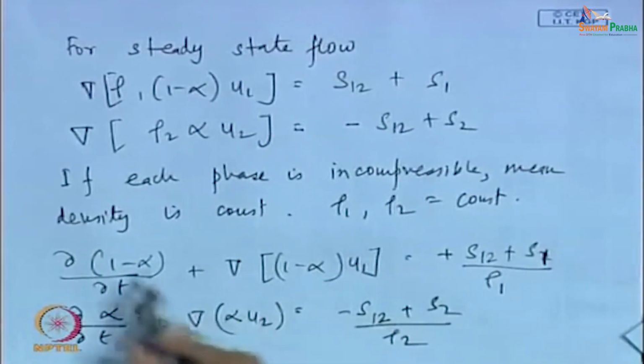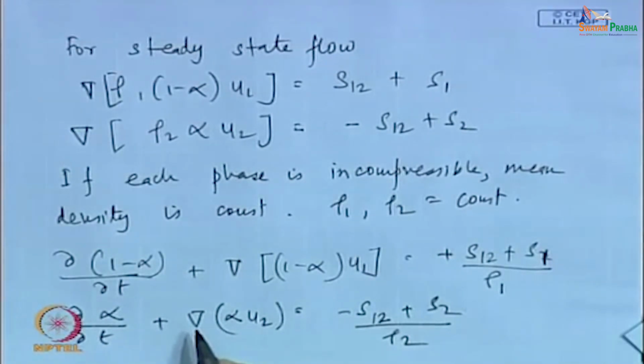Now, in this particular case if we say that there is no phase change, then what do you expect? Suppose there is no phase change, both the phases are incompressible and there is no phase change. Under that condition the right hand side disappears, S 1 and S 2 are anyhow 0, is it not?